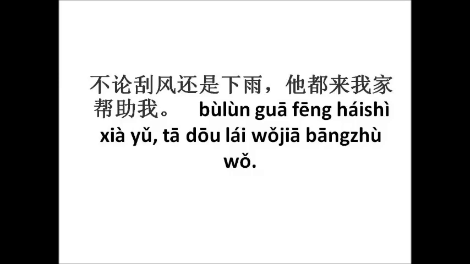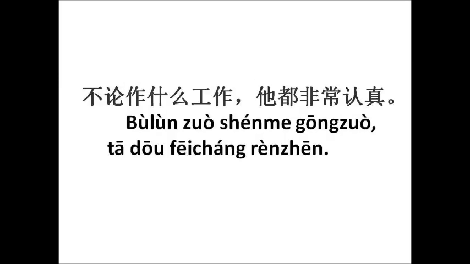No matter whatever happens, he will certainly come. Let us read the second example. Bulun zuo shenme gongzuo, ta dou feichang renzhen. No matter what work he does, he is always very serious.